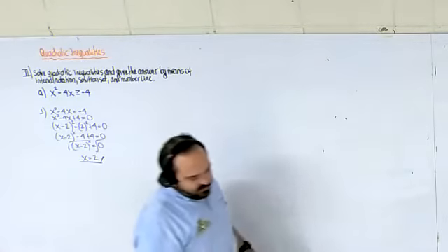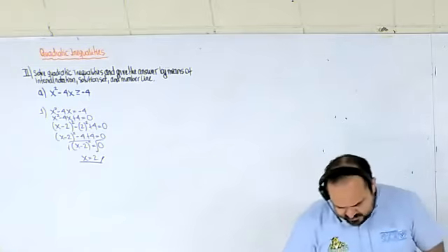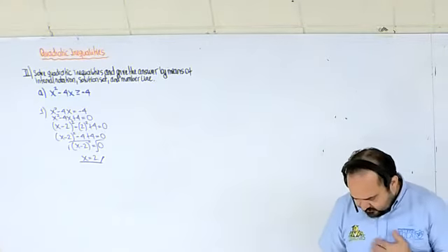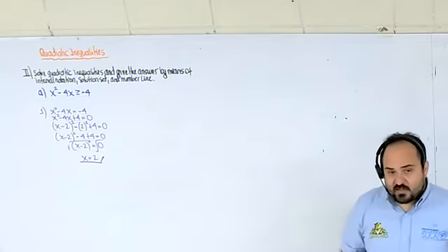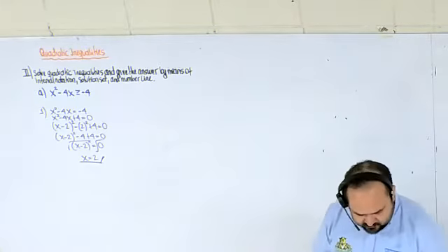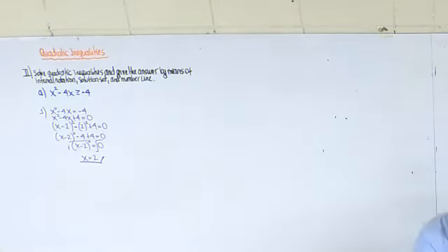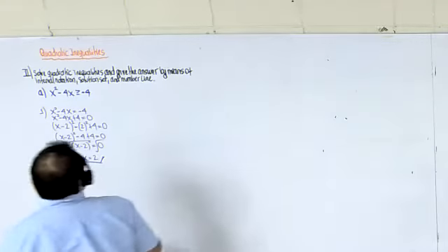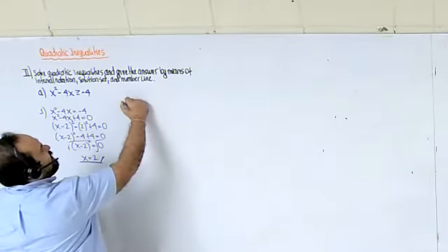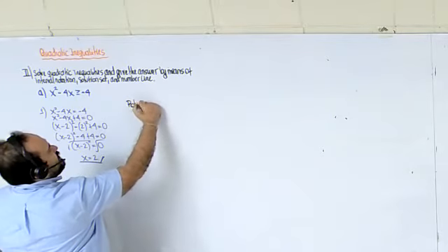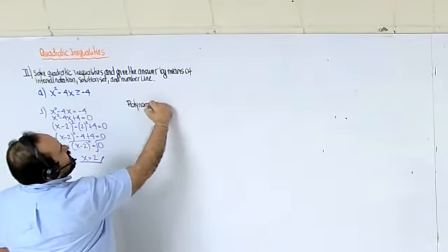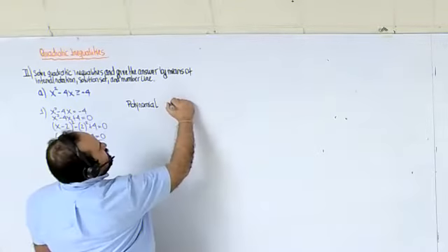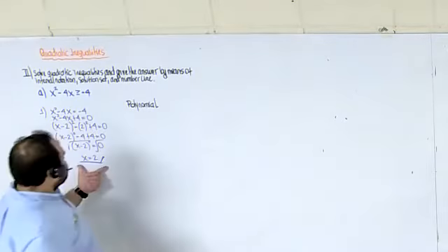Okay, this is step number 1. Now let's apply step number 2. In step number 2, remember, we have to create the table of signs. In this situation, we have to write the polynomial and the intervals.